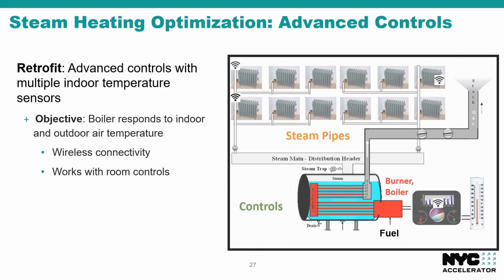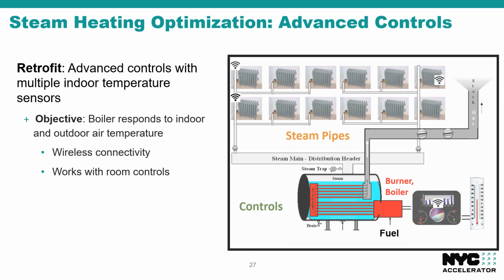And then to continue on to steam heating optimizations, we also have advanced controls. This retrofit uses advanced controls with multiple indoor temperature sensors. The objective is that the boiler responds to indoor and outdoor air temperature.